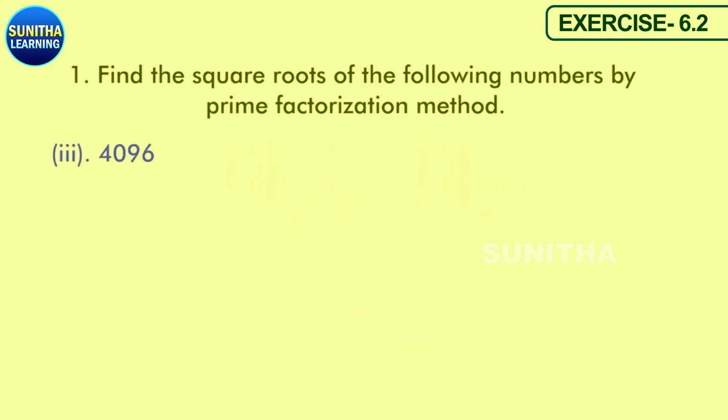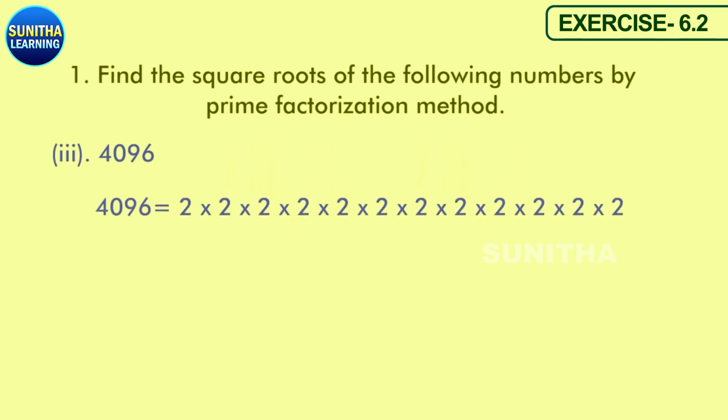Now let us see the next one, 4096. The prime factorization of 4096 is twelve 2s: 2 into 2 into 2 into 2 into 2 into 2 into 2 into 2 into 2 into 2 into 2 into 2.